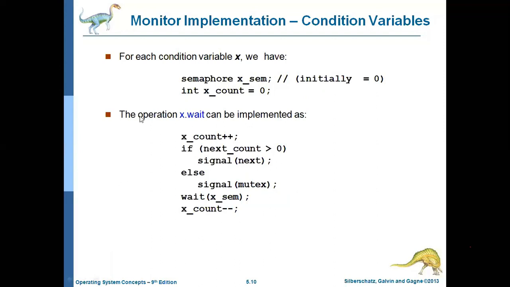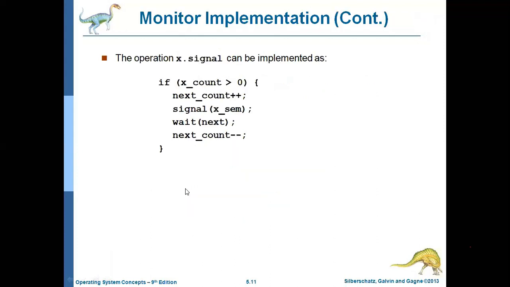Here, monitor implementation using conditional variables. So here the conditional variables are x. So for each conditional variable x, we have to use the conditional variable. What is the coding for the wait operation? So this is the signal. The wait is as before, and this one is signal.